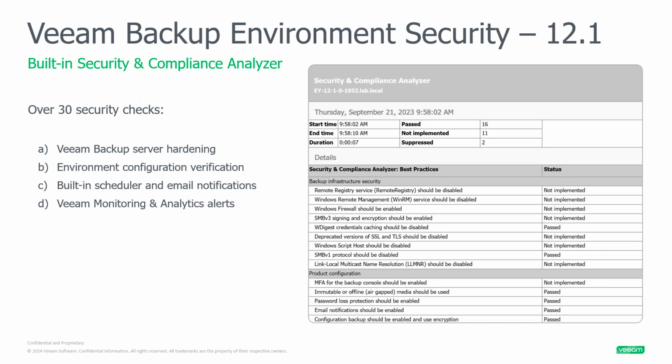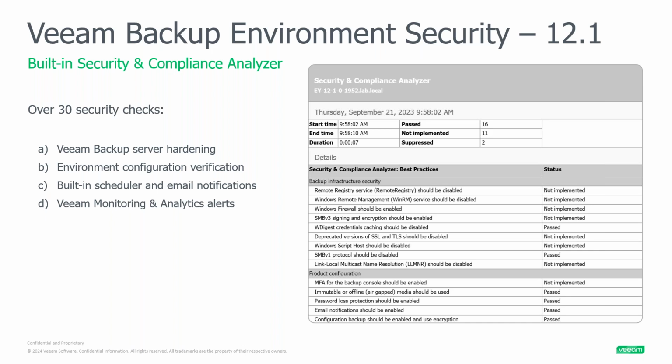We also have a built-in scheduler and email notification of all the reports that you run so that you can continue to look at what has changed before and compare that, right? If anybody goes in and changes something, you want to make sure that these changes are not for the sake of compromising your backup infrastructure, but allow the user, such as yourself, to go in and monitor them.